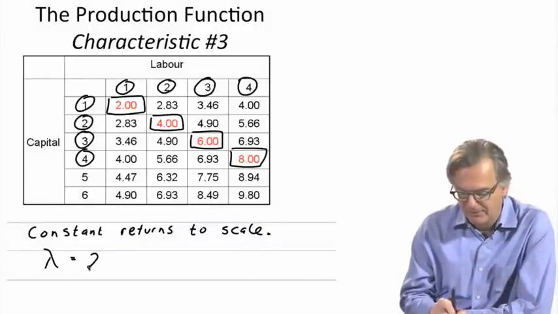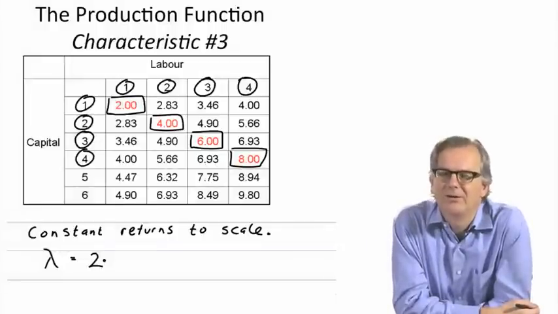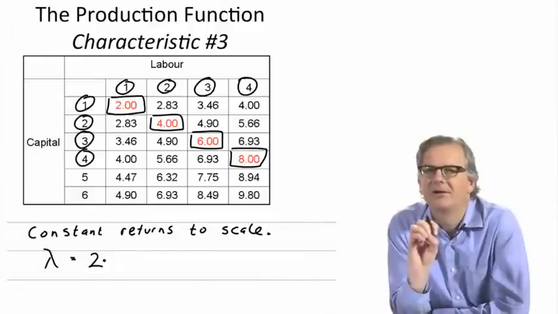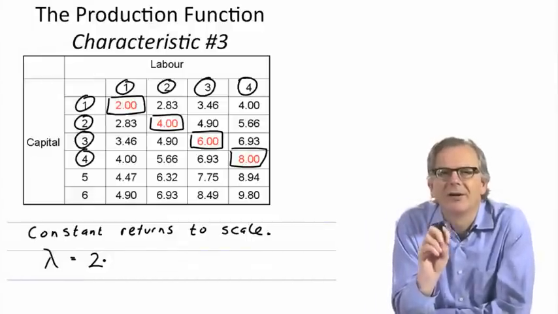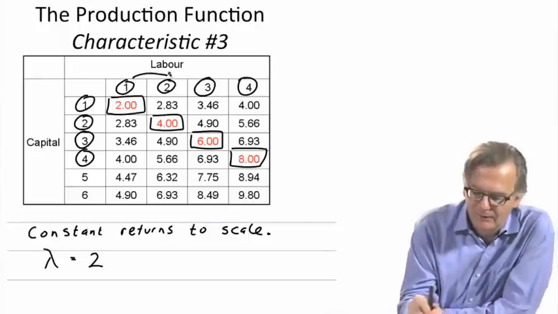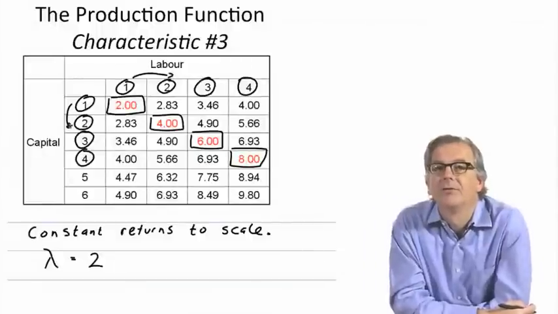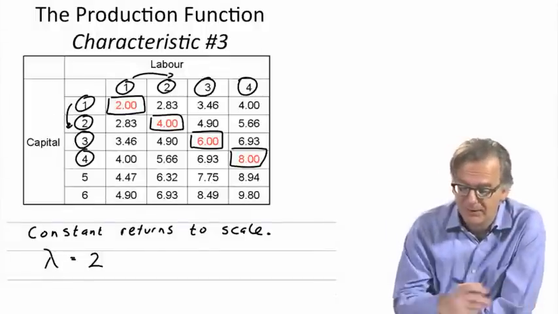For example, when I write lambda equals 2, what I'm actually saying is I'm going to take an amount of labour and an amount of capital, and simultaneously I'm going to double both of those primary factors. So that's like going from 1 to 2. 1 unit of labour to 2 units of labour, 1 unit of capital to 2 units of capital.